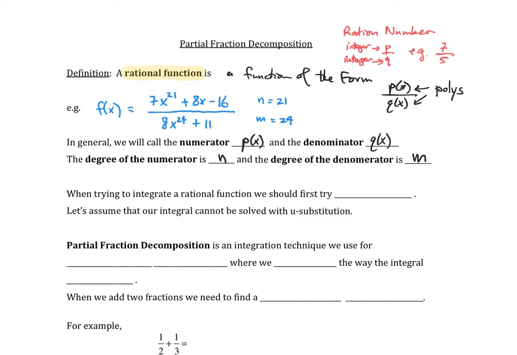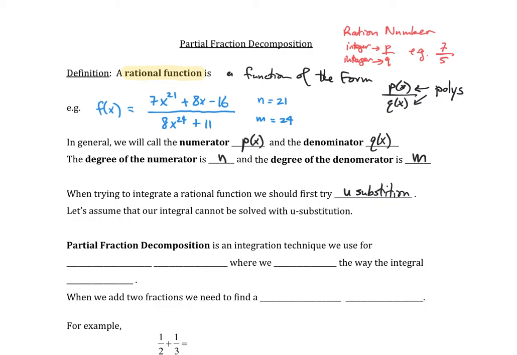Okay. Now, before we talk about partial fraction decomposition, I wanted to remind you that, when trying to integrate a rational function, you should first look for the simplest solution. So you should first try u substitution. Sometimes everything works out nice and you don't have to go through the arduous partial fraction decomposition process.